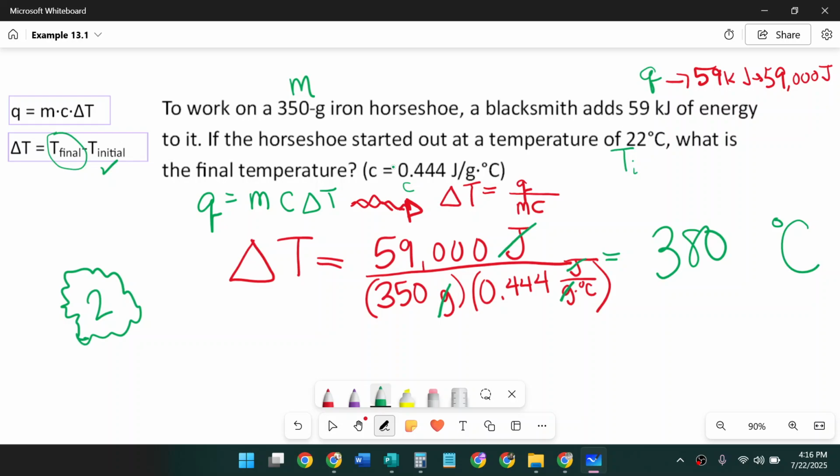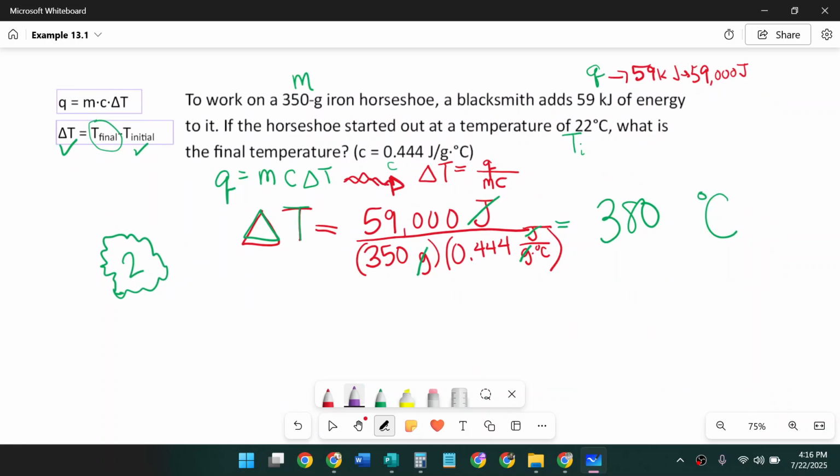No, that does not answer my question. That just gave me the change in temperature. And what was I going to do with the change in temperature? I now have it. I can now find the final temperature, which is what it's going for. So we don't get confused, let me change color and squeeze it up a little bit. I'm going to put this over to the side because I'm going to rearrange this one.